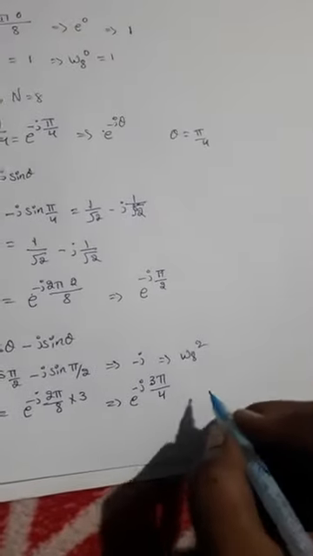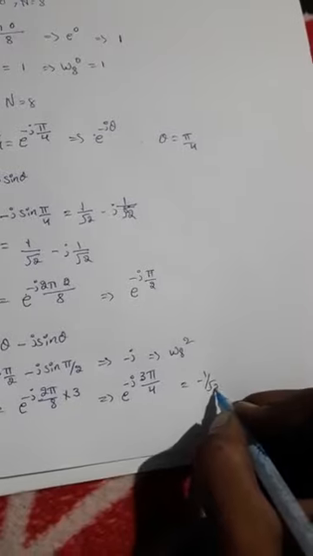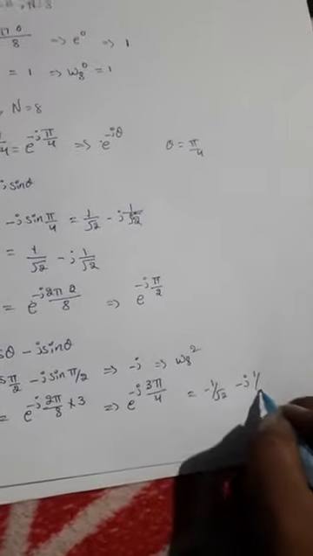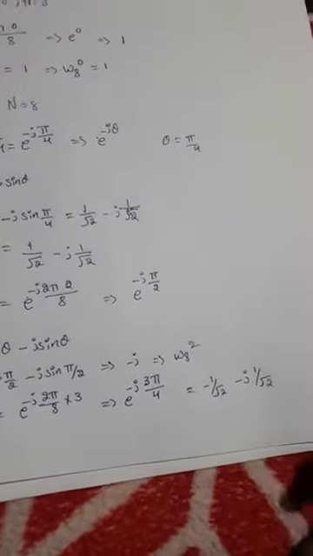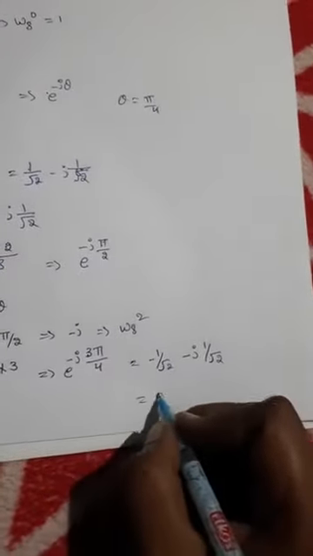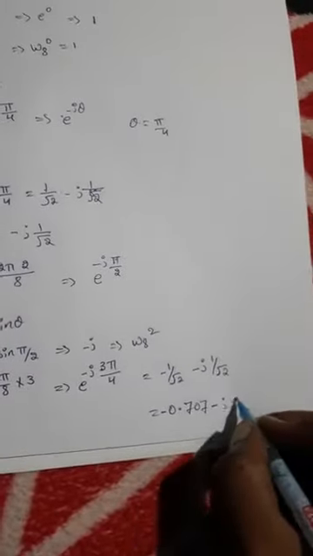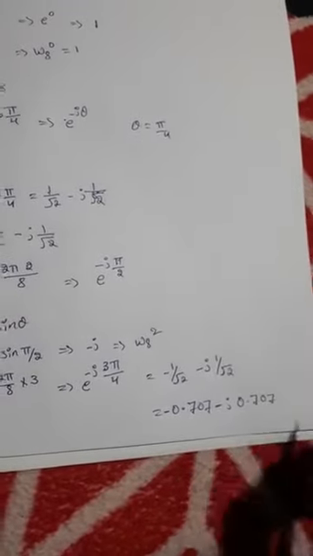And the twiddle factor value is minus 1 by root 2 minus j 1 by root 2, and this can be written as minus 0.707 minus j 0.707.